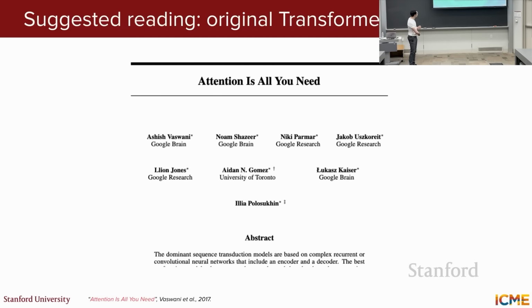With that, I highly recommend that you read the Transformers paper, Attention Is All You Need. It's a very dense paper, just a few pages long, but I hope that with what you've seen in lecture one, you'll be able to digest the content in a way that makes sense to you.